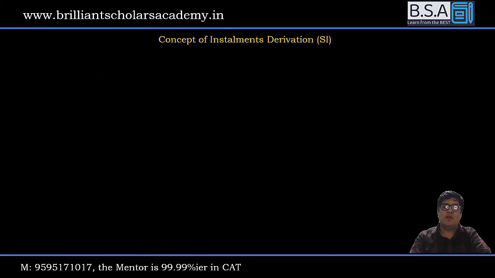Now this is a question doing rounds online, and 8 out of 10 people on both sides of the screen are solving it incorrectly. A loan was taken for 10 rupees.